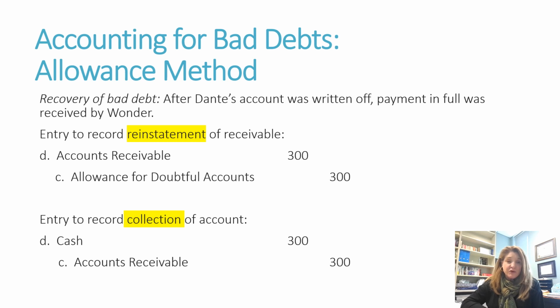So essentially what we're doing here is reversing that entry we made to write it off. So here we're debiting accounts receivable and crediting allowance for doubtful accounts for $300. And then we would make the same kind of entry we would always make to record collection of an account, a debit to cash and a credit to accounts receivable.